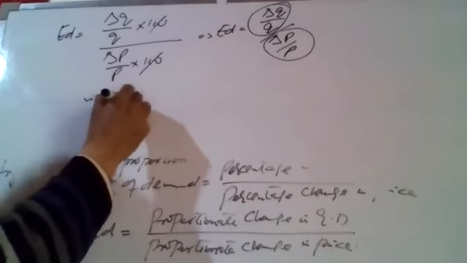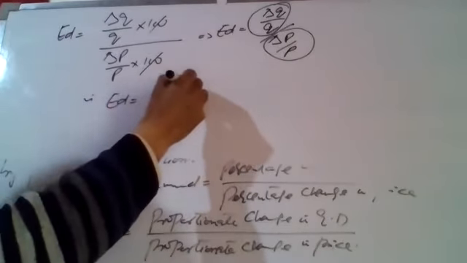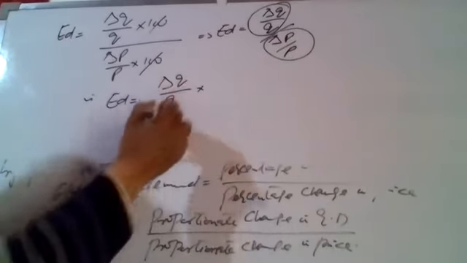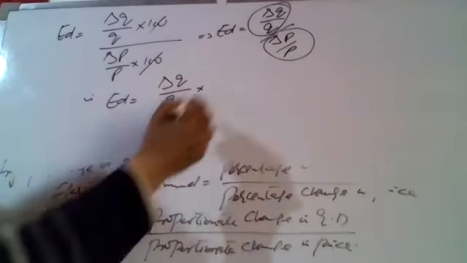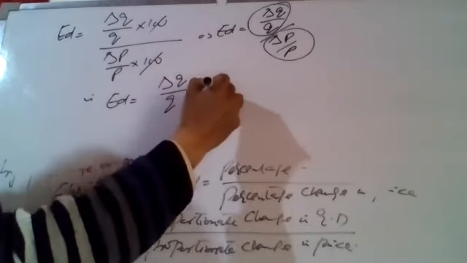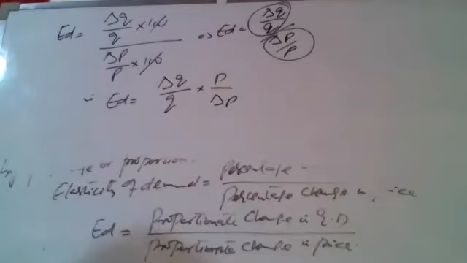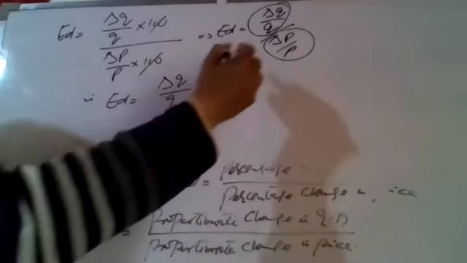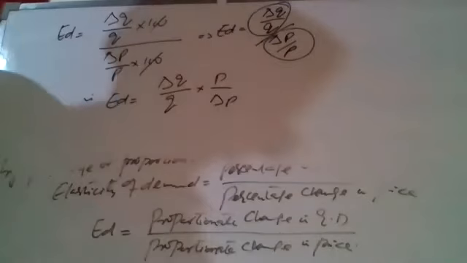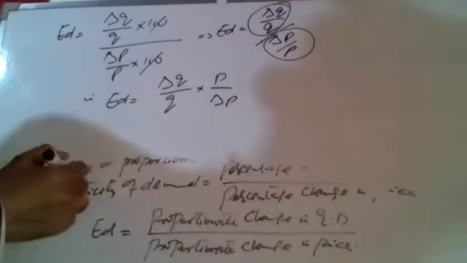Therefore, we can write down elasticity of demand is equal to, we can make some operation to this equation, delta Q by Q into P by delta P. So we can take the reciprocal of this denominator, P by delta P. When we change this division into multiplication, we use the reciprocal of the denominator.